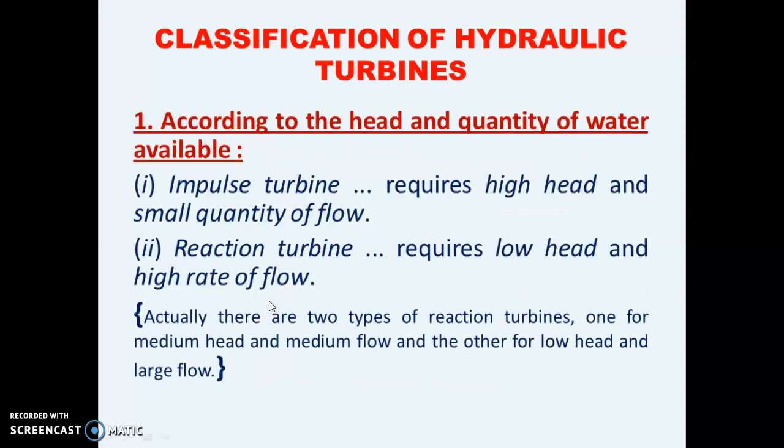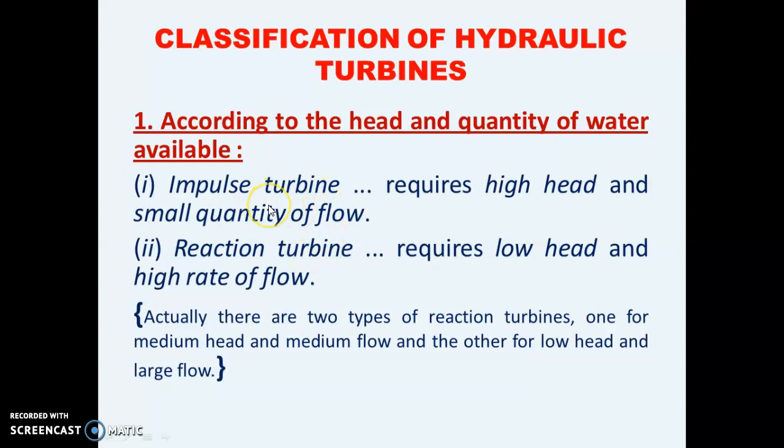So we are going to see all six classifications. First, classification of hydraulic turbines according to the head and quantity of water available, which is nothing but the discharge of water available. On the basis of head and discharge, we can divide hydraulic turbines into two types: impulse turbine and reaction turbine.